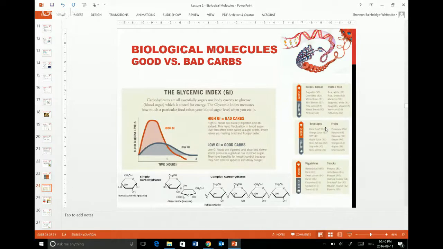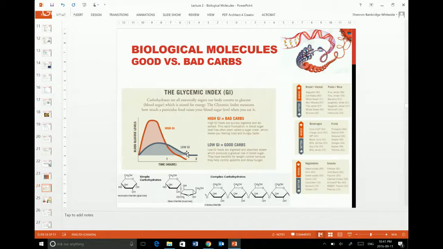When we take in a complex carbohydrate, we have a big long string of sugar molecules bound to one another. In order for our body to capture the energy stored within those sugars, we have a bunch of different bonds that we need to break down. So over time, our body has to work to break down that complex sugar.